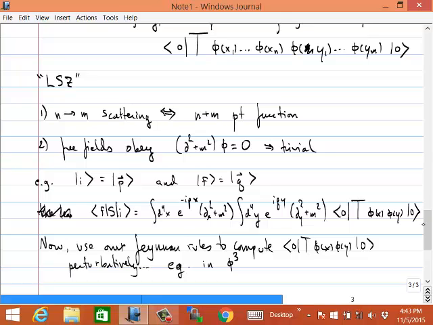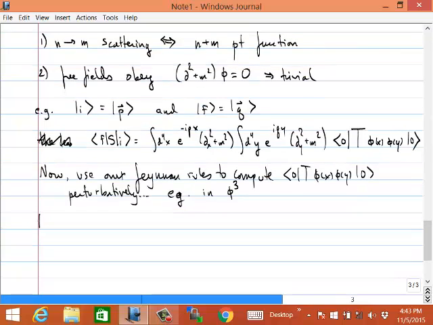So the leading contribution is the one that would be present even when g equals 0, and that's just the free field theory computation.